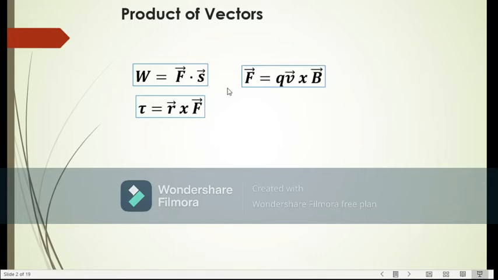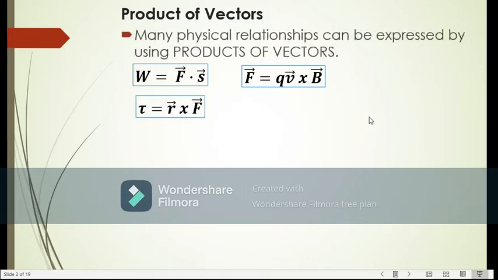And we have here the magnetic force as the product of charge times velocity multiplied using the magnetic field. So these formulas are actually applications of the multiplication of vectors. Many physical relationships in physics can be expressed by using the product or multiplication of vectors, and these are the examples.